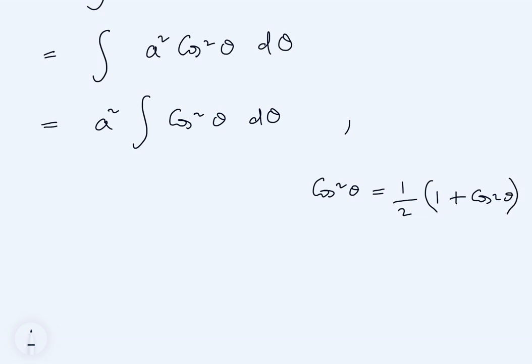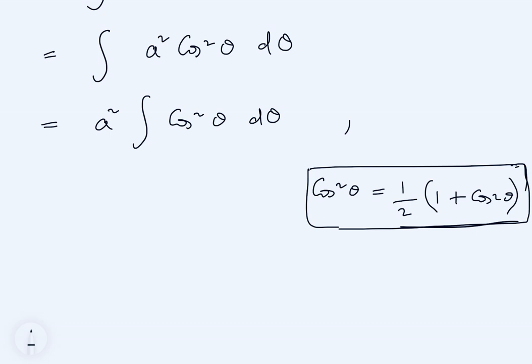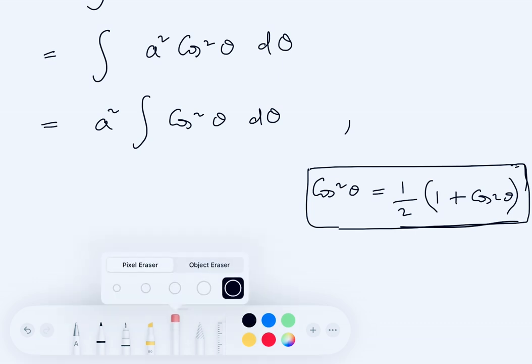So cos squared theta is a half times 1 plus cos 2 theta, right? We can use this identity, which is given in the formula sheet. You find this in the formula sheet. So we use that and substitute into our integral, and we get the following.